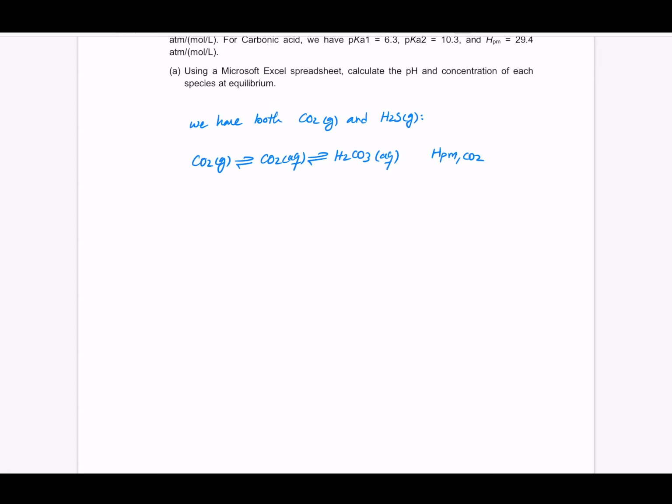When we have H2CO3 in the solution, it comes to the acid-base equations. H2CO3 in the solution, first protonation gives HCO3 minus plus H plus, and this would be Ka1 of CO3. I'm just showing the carbonate system. Then the second one, HCO3 minus, is deprotonating to CO3 2 minus plus H plus, and this would be Ka2 of CO3.